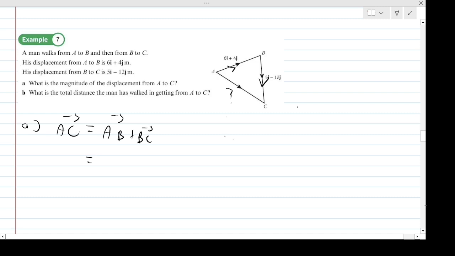So AB is 6i and 4j, and then B to C is going to be 5i minus 12j. So what I can do here is essentially just collect like terms. So if I add the i's, 6i and 5i would be 11i, and then 4j take away 12j is minus 8j, and that is my vector.